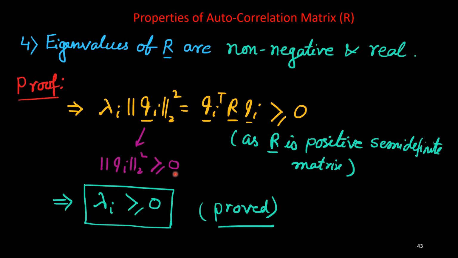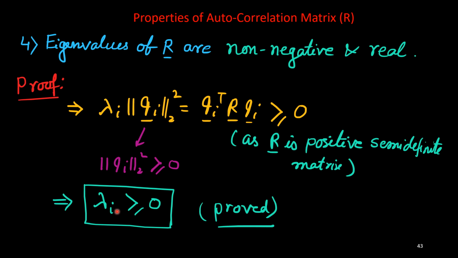So this is real and positive, and this is also real and positive. So obviously lambda i should be real and more than or equal to 0. Thus, any eigenvalue of the R matrix is non-negative. It cannot be negative; at minimum it is 0, otherwise positive, and always real. This is a very, very important property.